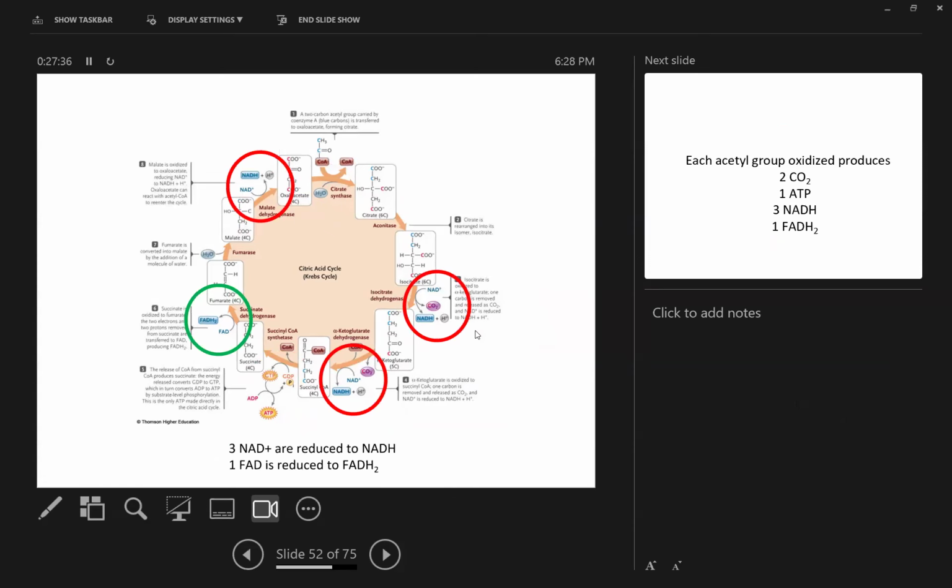Here are the NADHs in the red circles. We have 3 of them, and we have only one FADH2. And you don't even have to worry about what the intermediates are or what enzyme is working on it. Just really the total count per spin, or per acetyl-CoA, which means per pyruvate. So 3 NADHs, 1 FADH2.